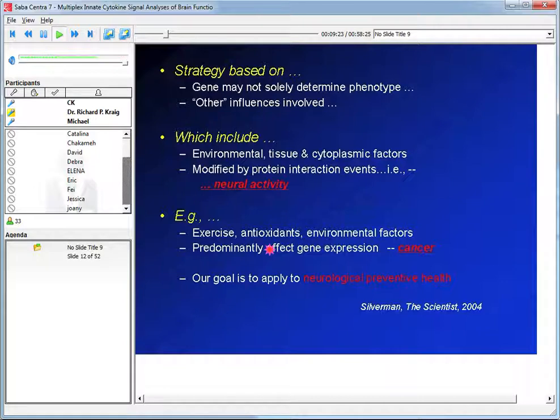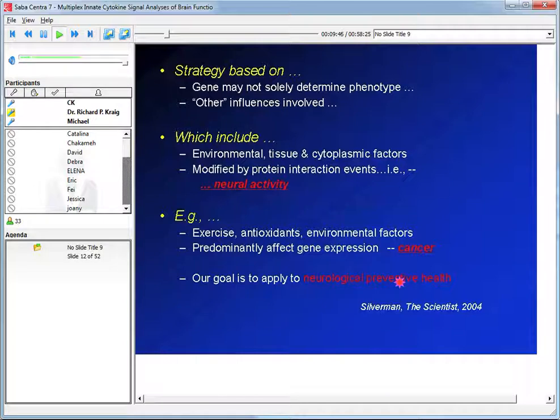Well, the basic thrust of our laboratory is to look at how the environment, not only the milieu within the brain, but the milieu of the organism, can create environmental conditions via neural activity that will change the brain structure and function to prevent neurologic disease.